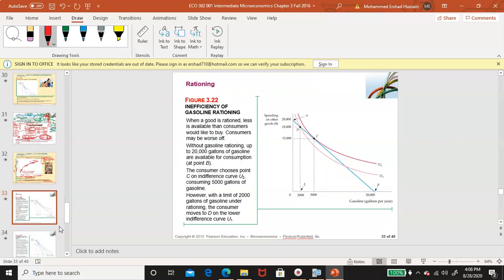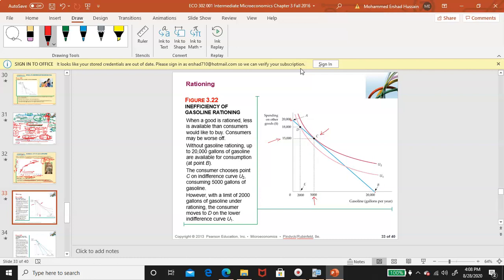Now, this is another example, of rationing. See what happens with the inefficiency of gasoline rationing. Suppose we are at point C, right? And this is spending on other goods $15,000, spending on gasoline $5,000 for a person when his budget is 20,000. See that? When his budget is 20,000, he is maximizing utility at U2.